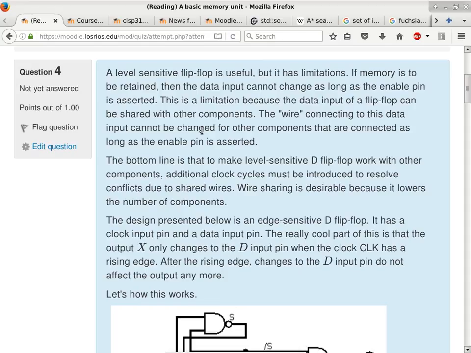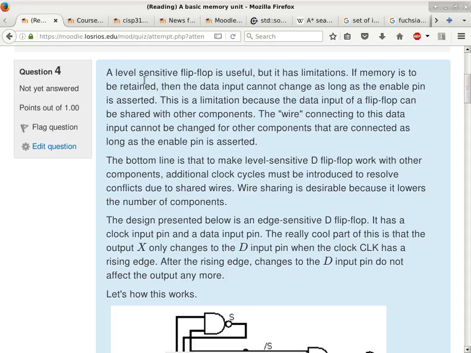So we want to turn the design from level sensitive, where as the level changes the output will change, into edge sensitive, or transition sensitive, which basically means sample the data pin only when the clock pin is going from 0 to 1 or 1 to 0. Because those designs can share with other devices a lot better than level sensitive designs.